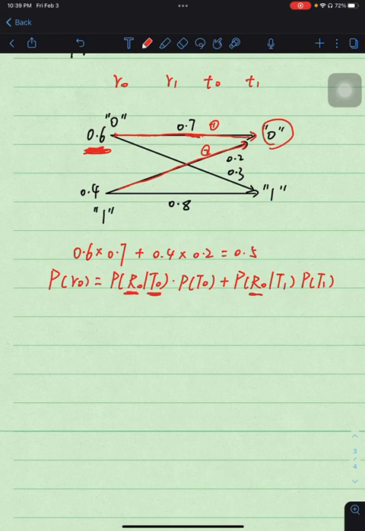And another is when we want to find the probability that data 1 is received. Yeah, we can use P. That means we send from T1, then get R1.